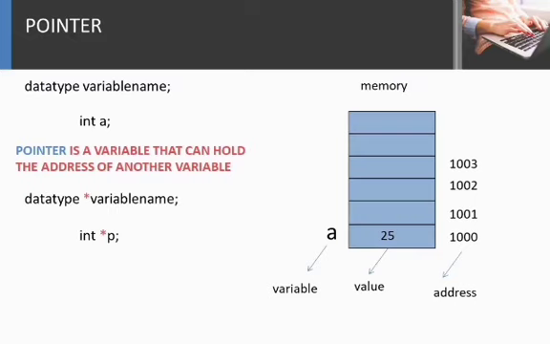Okay, and the pointer variable will hold the address of another variable. Alright. Here we are using two main operators, star and ampersand. Star is also called the indirection operator, dereference operator, and value at operator. And ampersand is called the address of operator. Okay.